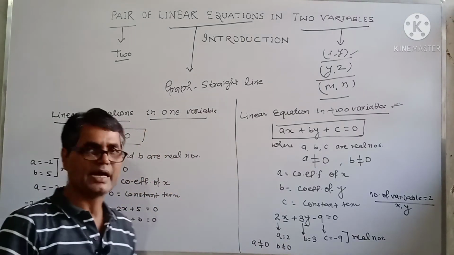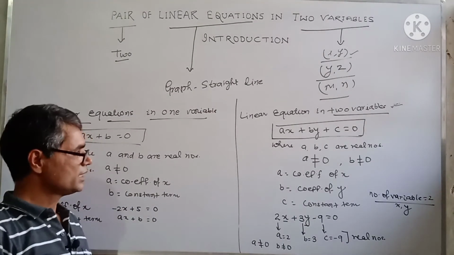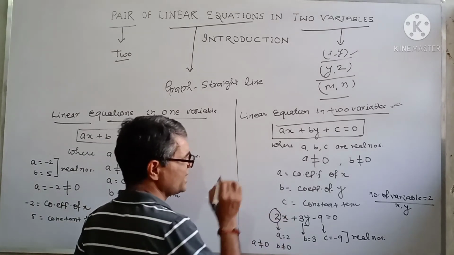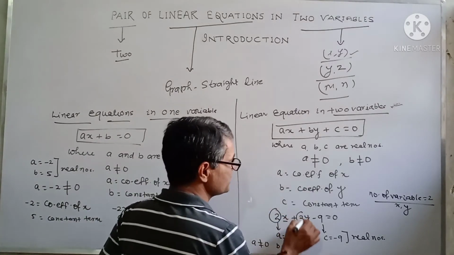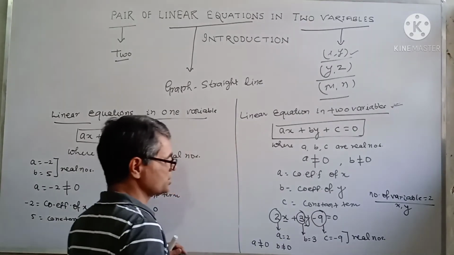So this is an example of a linear equation in two variables. In this equation, you may say 2 is the coefficient of x, 3 is the coefficient of y, and minus 9 is the constant term.